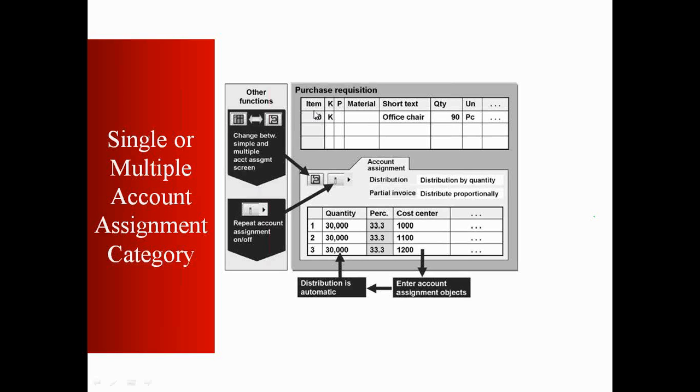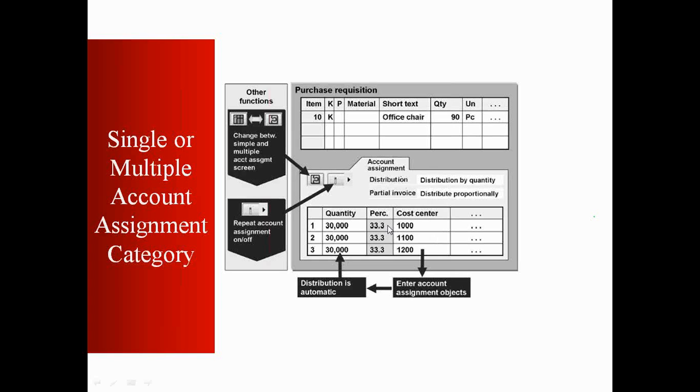for a line item. You can enter only one account assignment detail, or you can enter more than one. That means, for example, if I'm ordering a consumable product like a chair, 90 pieces of chair, maybe 30 pieces going to one department, 30 maybe for another department, and those departments belong to different cost centers.